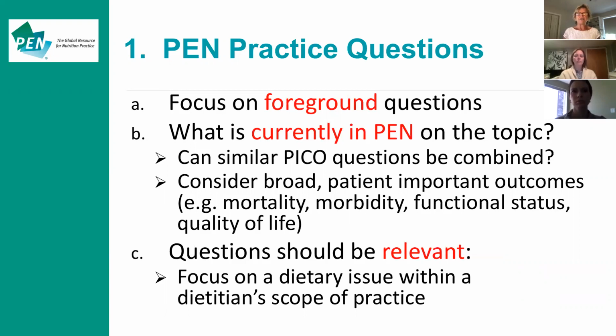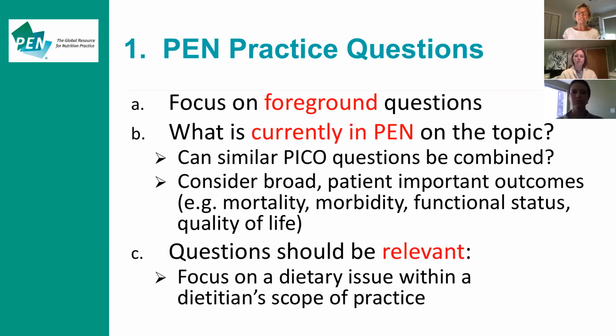There can be a lot of enthusiasm about a specific topic an individual has been researching, but what is in Penn on the topic, and can that information be updated, or can similar PICO questions be combined so we're not having redundancy, repetition, inconsistencies. Sometimes questions can be combined if we're looking at broader patient important outcomes.